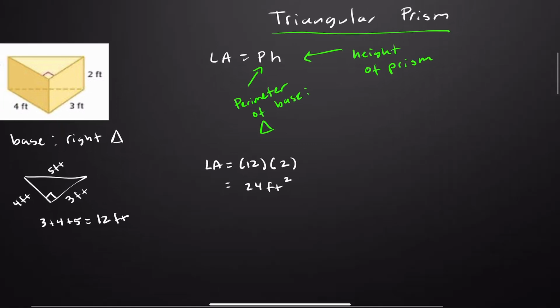Now, let's go ahead and find the surface area of the prism. Now, the surface area is essentially the lateral faces and the two bases combined. So, the surface area is equal to the lateral area plus 2 times the area of the base.